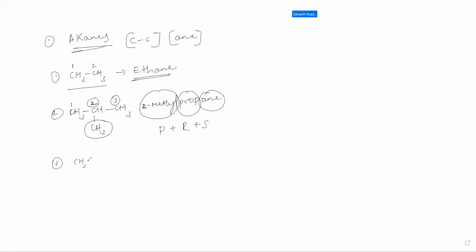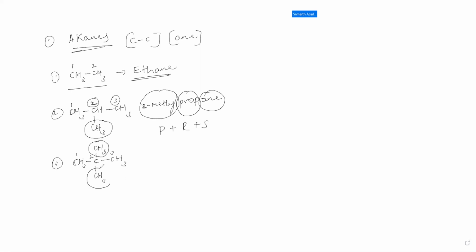Coming to the third example, first you have to select the longest carbon chain. This is 1, 2, 3. This is also a substituent group, which comes under prefix.